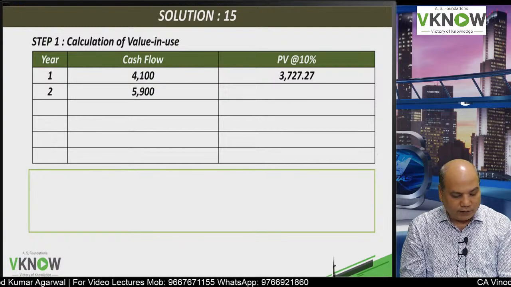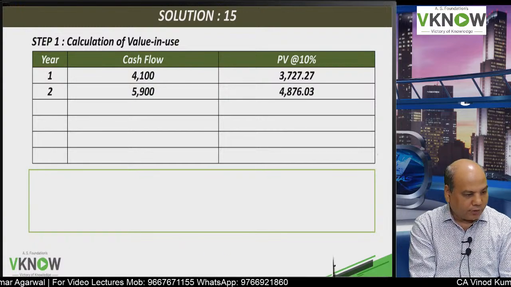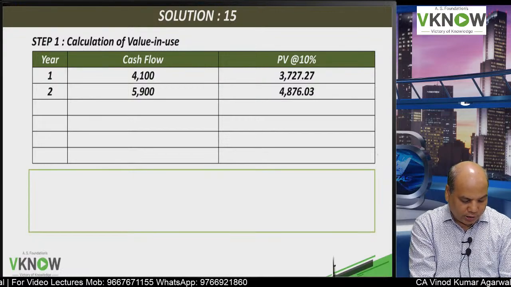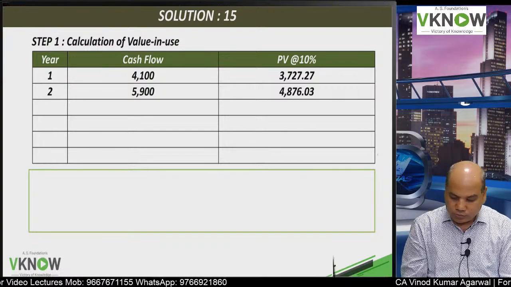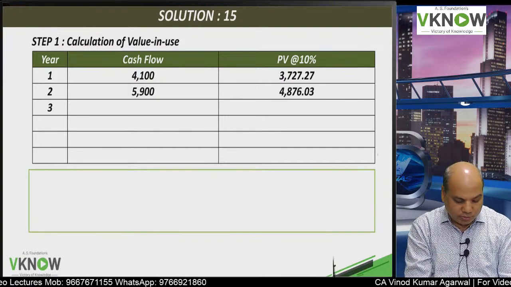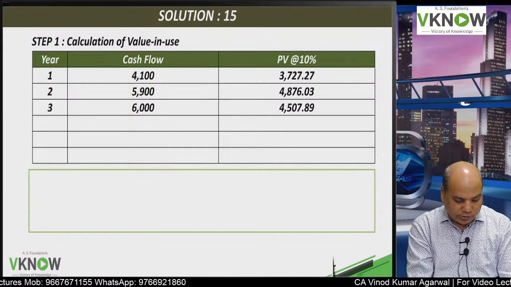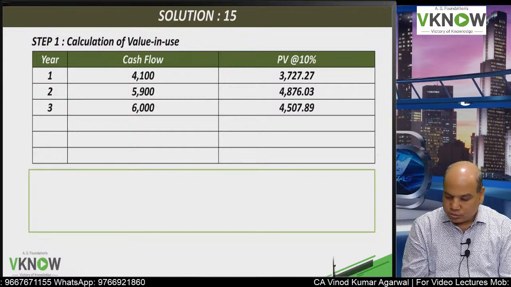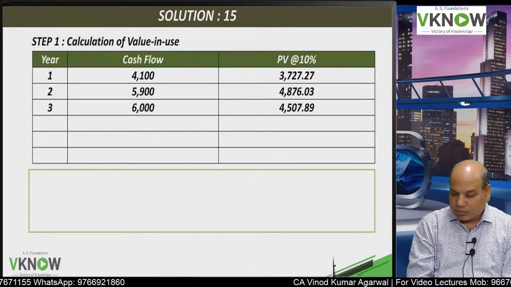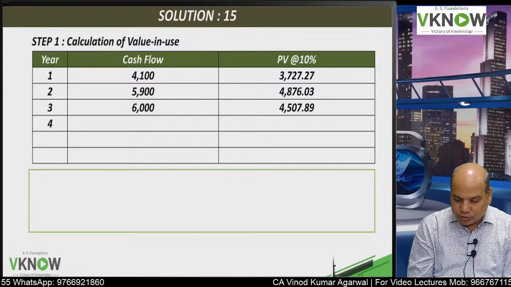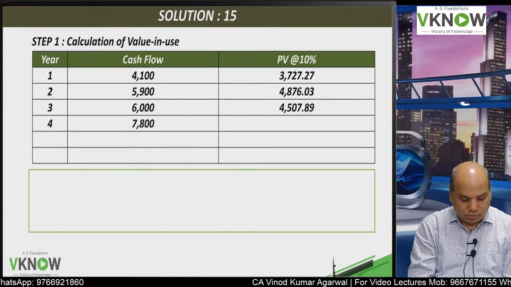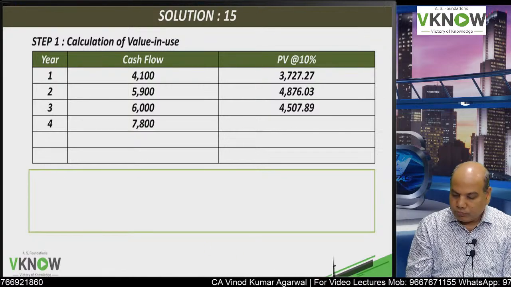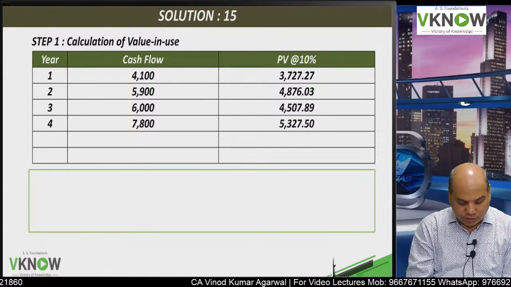Second year 5900 divided by 1.10, 2 times, equals 4876.03, memory plus. Third year 6000 divided by 1.10, 3 times, equals 4507, memory plus. Fourth year 7800 divided by 1.10, 4 times, equals 5327.50, memory plus.